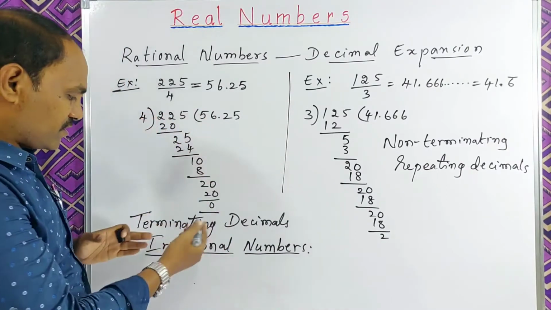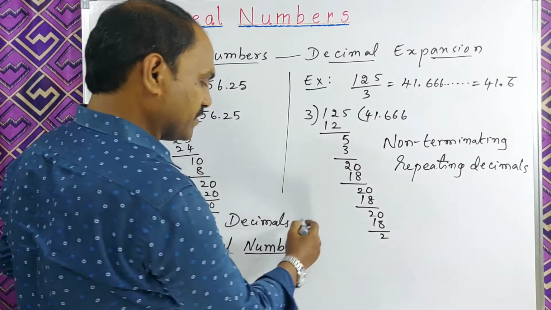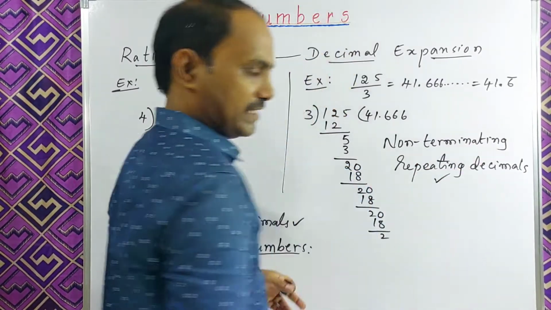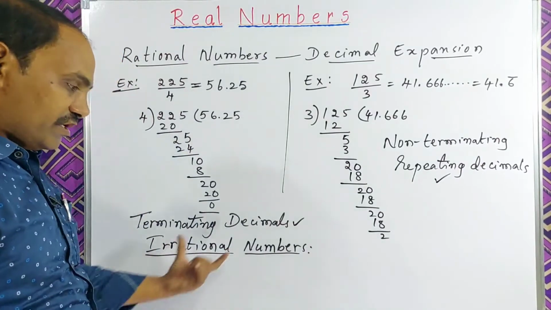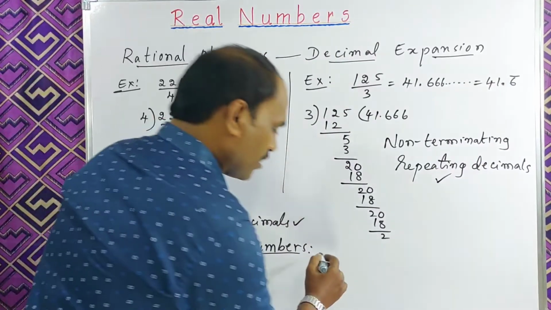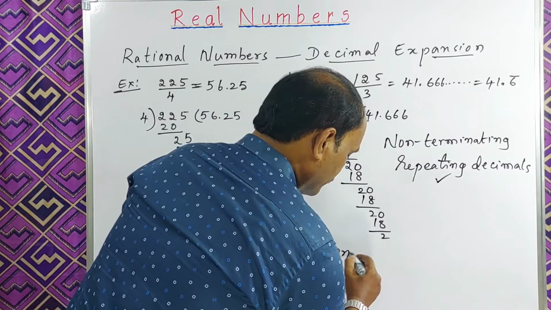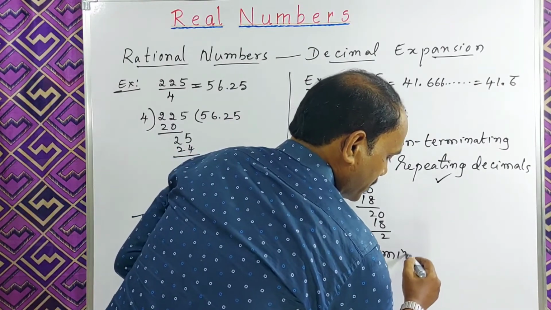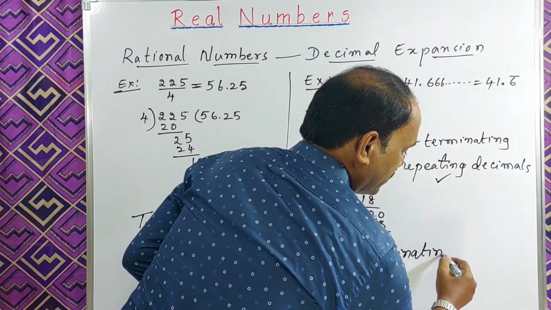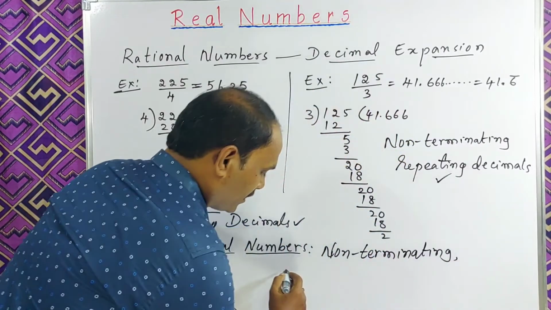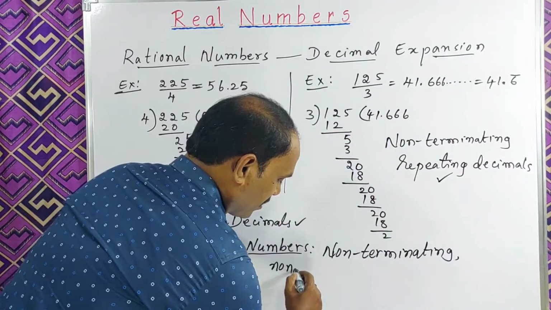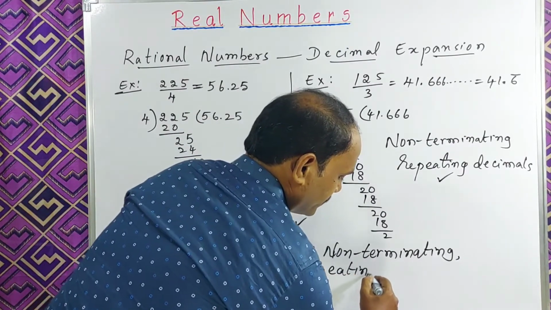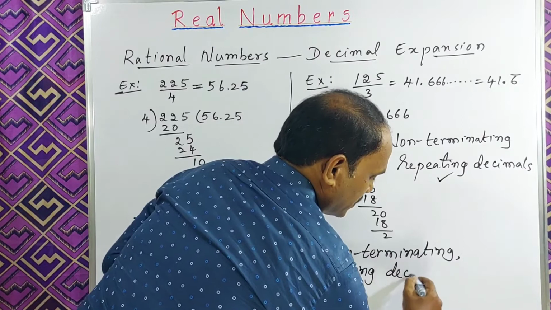Rational numbers have terminating decimals or non-terminating repeating decimals. Irrational numbers are non-terminating, non-repeating decimals. Remember that, non-repeating.